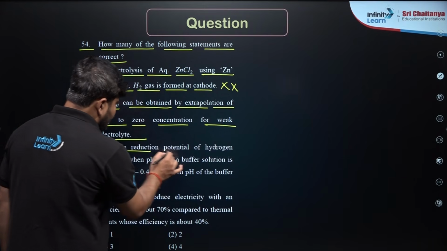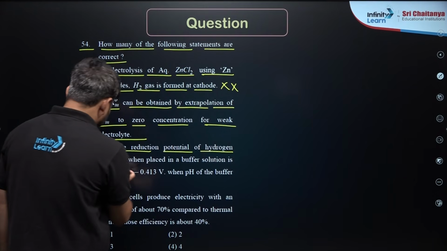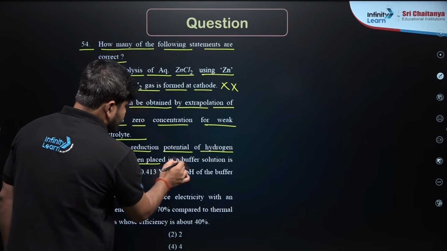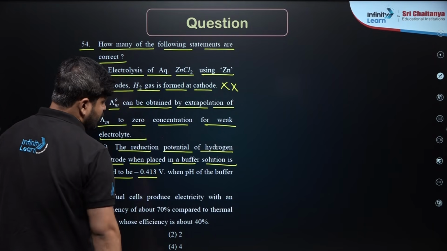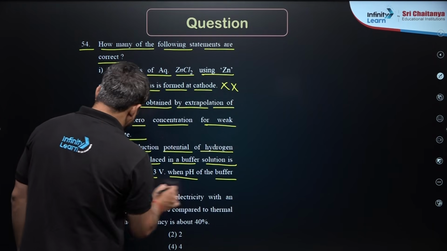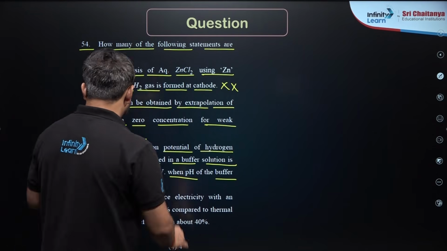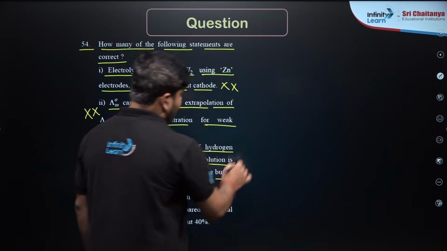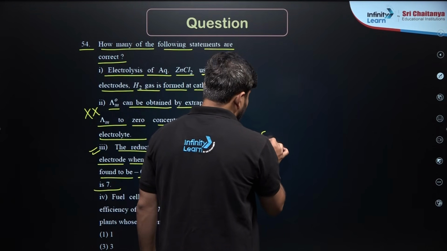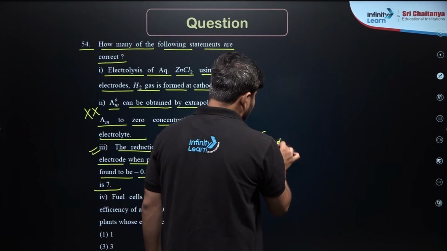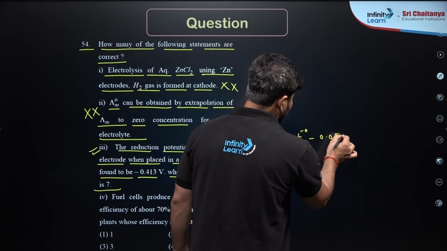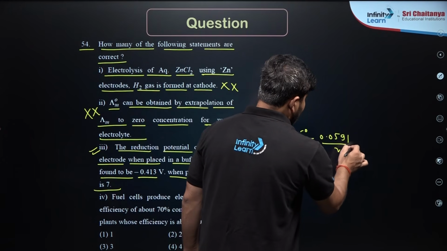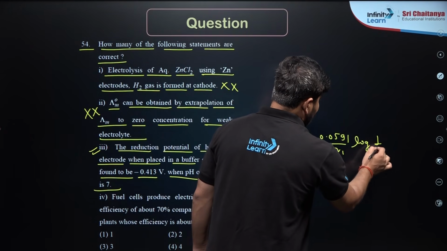And the reduction potential of a hydrogen electrode when placed in a buffer solution is found to be minus 0.413 volt when the pH of the buffer is 7, okay. This statement is okay. How can we check this one? E reduction equals E naught minus 0.0591 by n, log 1 by H plus, okay.